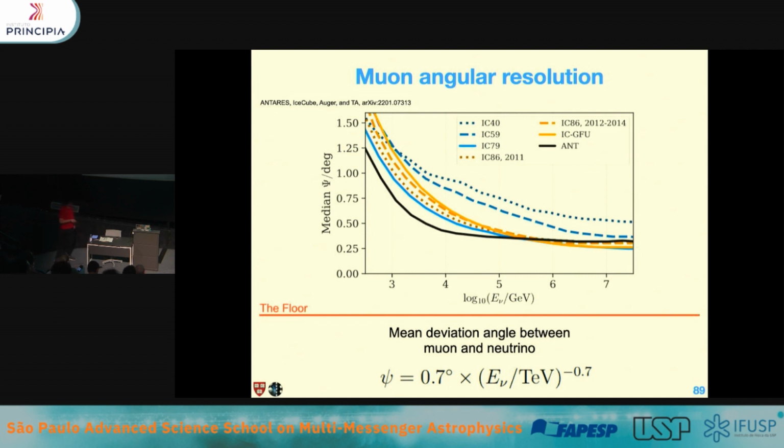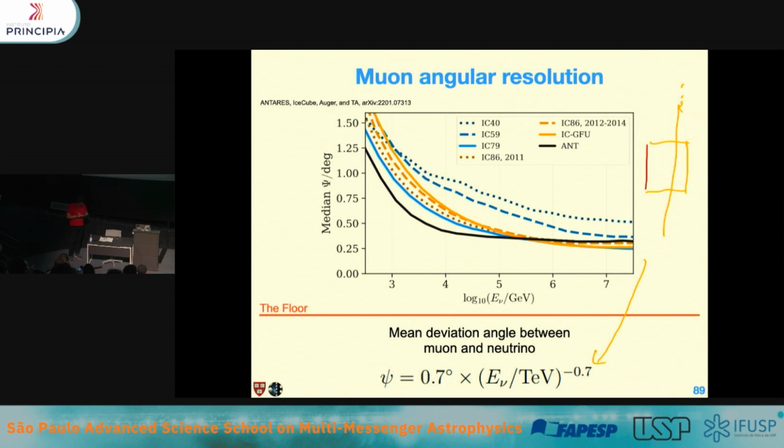Notice that in principle, you can do better on this, because if the event interacts inside the detector, if the event is true going, so if it's like this, so this is where my neutrino hits, then there is no way to improve beyond this error.